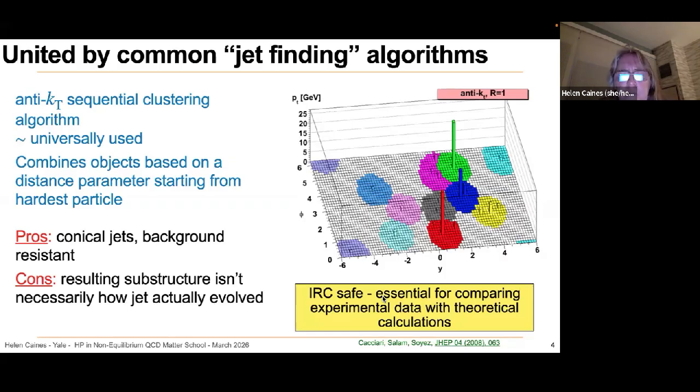And that component of being IRC safe is essential for this comparison between experimental data and theoretical calculations. And this is in large part why, at this point in time, the anti-kT algorithm is a common one that's used by almost all experiments and theory.